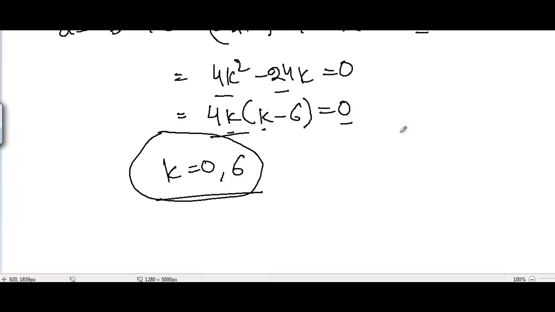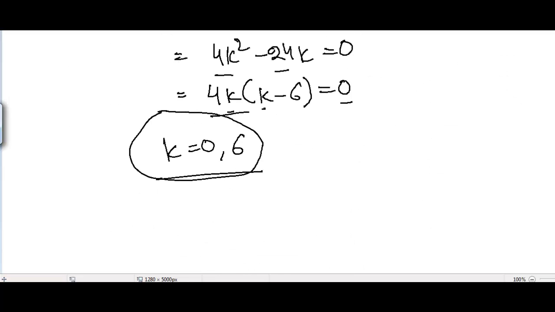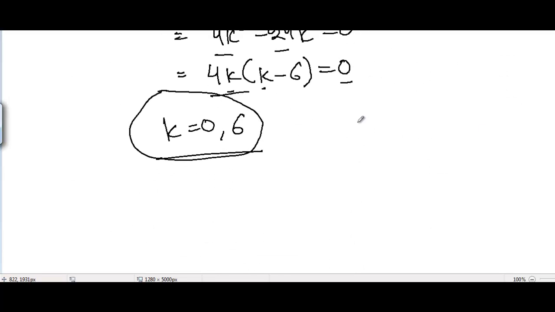So I get two values of k here, but the interesting thing is, let's go through the basic definition of a quadratic equation. Any equation in the form ax squared plus bx plus c equal to 0 is a quadratic equation such that a is not equal to 0.